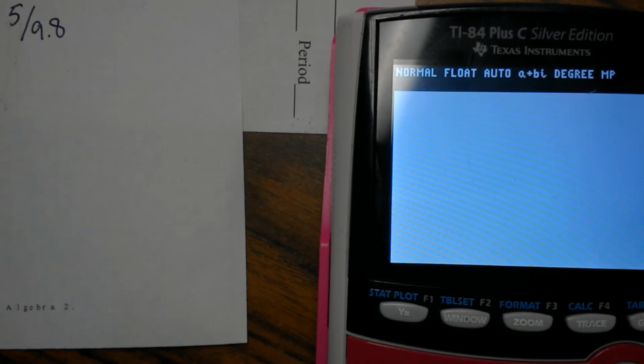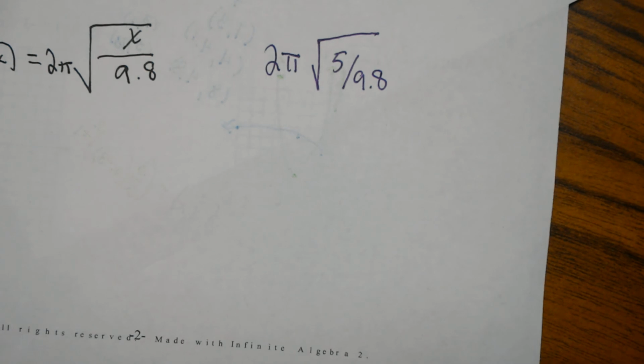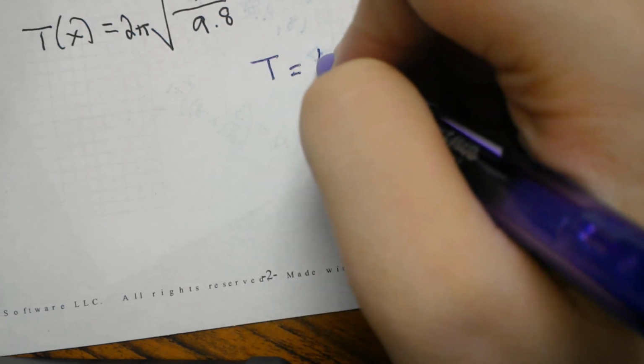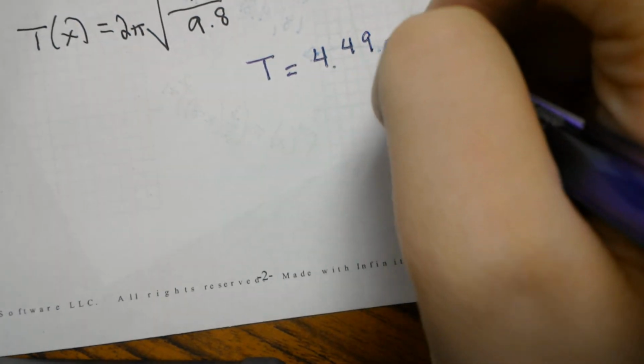So in the calculator, I'm going to put 2 pi times square root of 5 divided by 9.8. I'm going to get it to be roughly 4.49. So over here, I'm going to say t is 4.49 seconds.